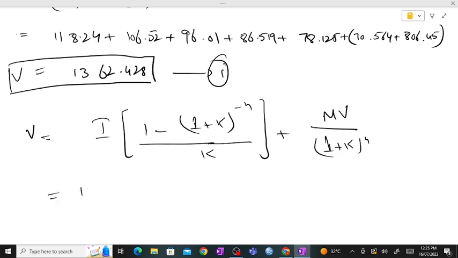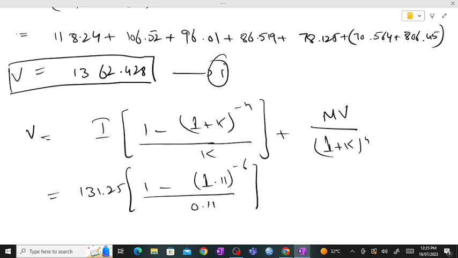I we already have, 131.25, times (1 minus 1.11 power minus 6) divided by K, which is 0.11, plus 1500 over 1.11 power 6.